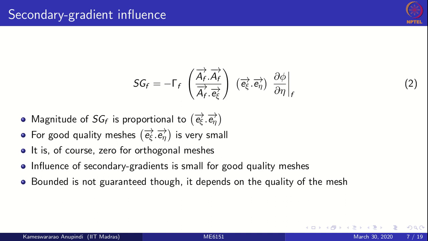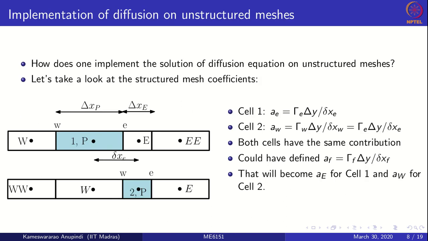Let us move on to the second question that we wish to answer in this lecture today. That is, how do I program for the diffusion equation on unstructured meshes? Well, of course, one way is to go about the way you are doing it right now, I mean, for structured meshes.